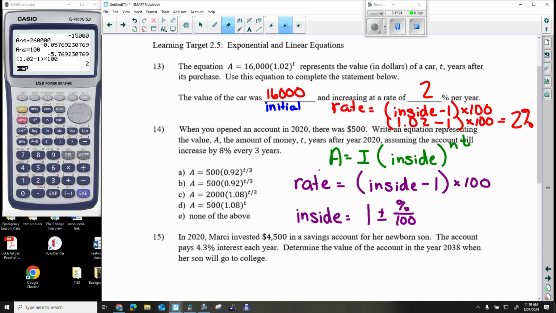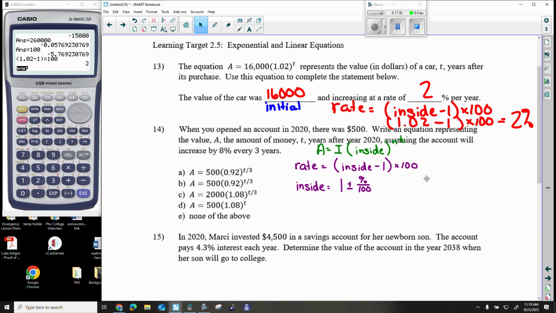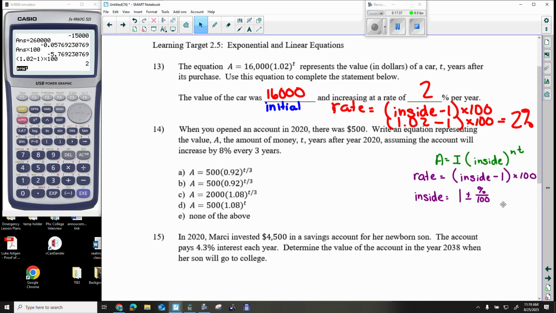All right. Next, we are asked to, in essence, write our own equation. So let's put this to the side right quick and identify the big time players in this particular problem. First thing I need to know is our initial amount, and that was $500.